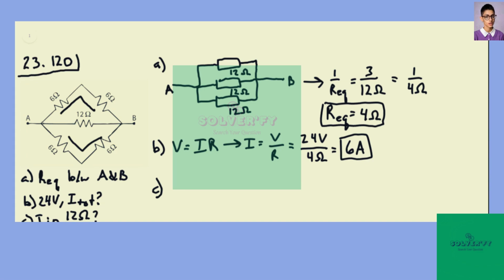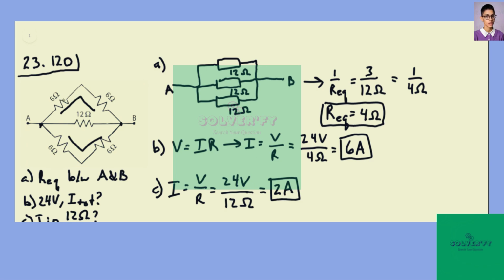We can also note, however, that there's 24 volts across the 12 ohm resistor, and just directly use Ohm's law and get the same answer, but this is a little bit of a longer way of doing it, but sometimes the longer but straightforward way is all right. So in either event, we either get 1/3 of 6 or 24 divided by 12, which in either case is 2 amps through this single resistor here.